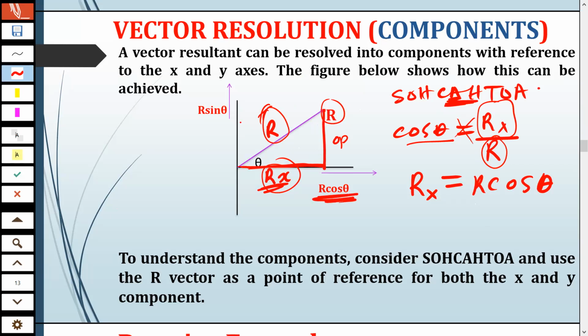The same applies to the Y component. So the Y component is simply the opposite to this theta. So opposite and hypotenuse there, we use sine theta.